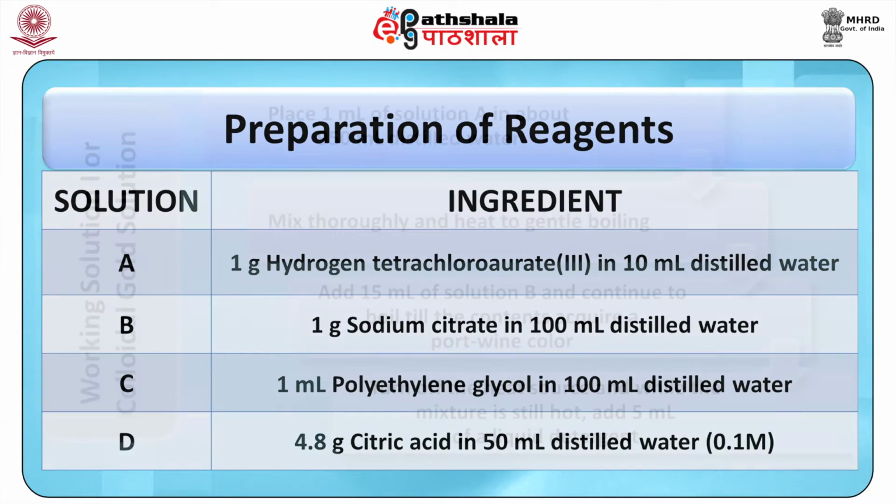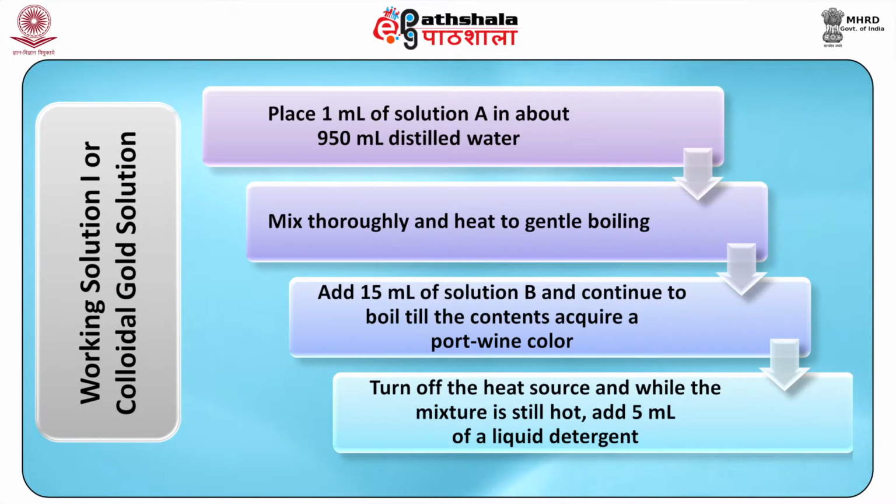Now, working solution 1 or the colloidal gold solution is prepared by placing 1 ml of solution A in about 950 ml of distilled water. Then mix thoroughly and heat to gentle boiling. To it, add 15 ml of solution B and continue to boil till the contents acquire a port wine color.